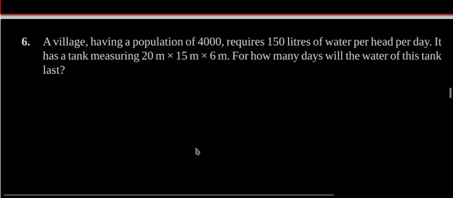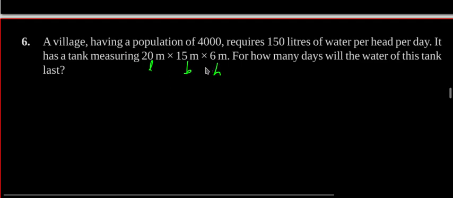Now we will move to the 6th problem. A village having a population of 4,000, that is, 4,000 members are living in a village, requires 150 liters of water per day. It has a tank measuring 20 meter, 15 meter and 6 meter. So that means this is the length, breadth and height of the water tank.